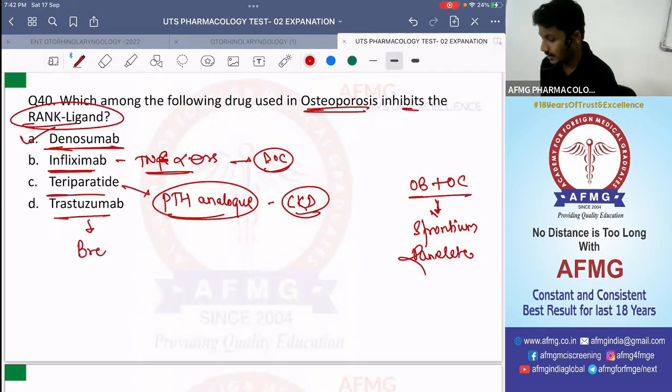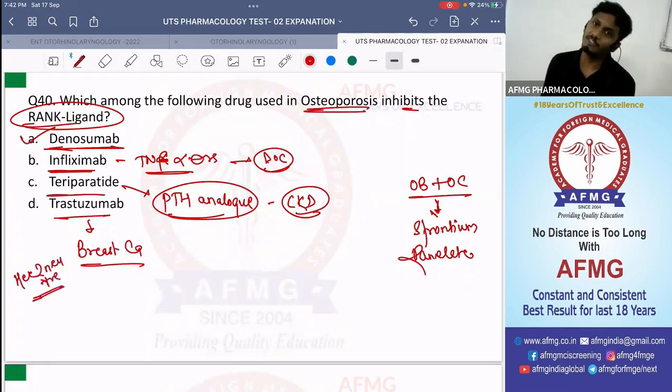Trastuzumab is for which type of breast cancer? HER2 positive breast cancer, ER positive and PR positive, which is a hormonal breast cancer.